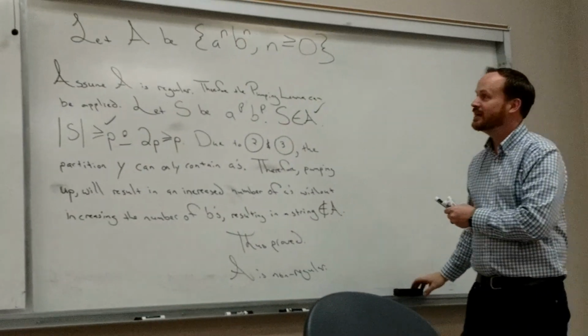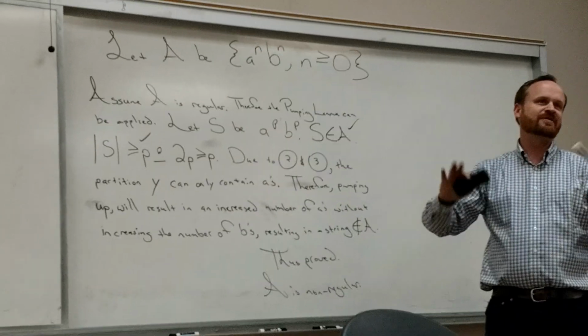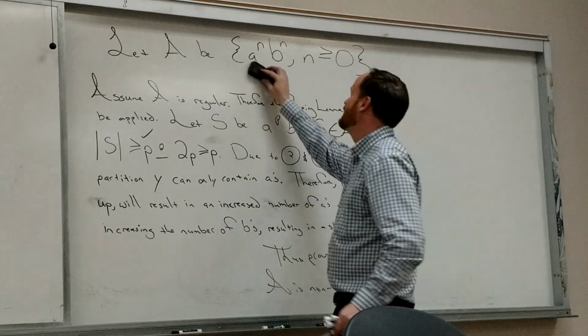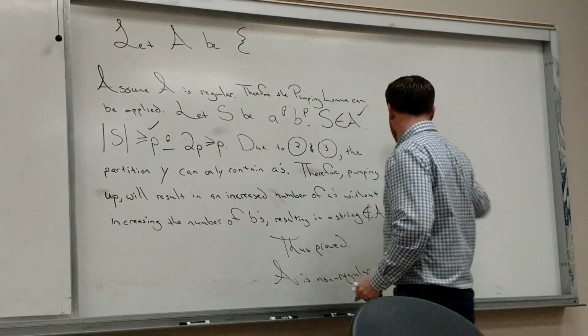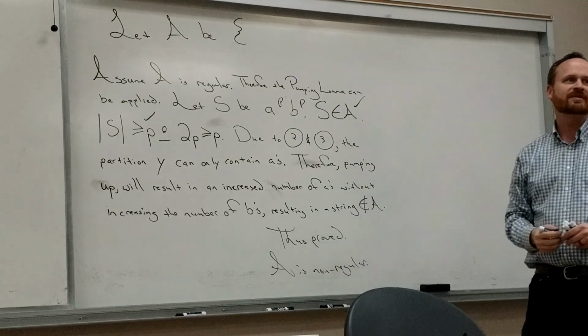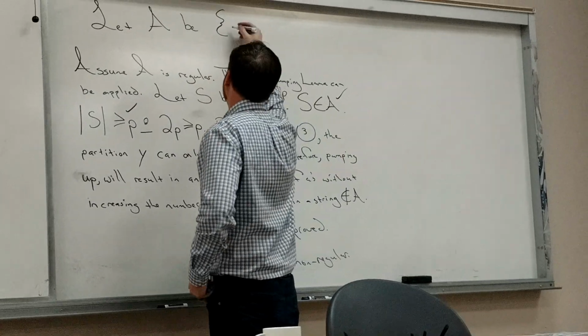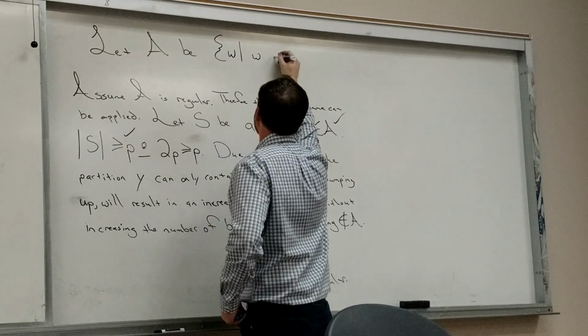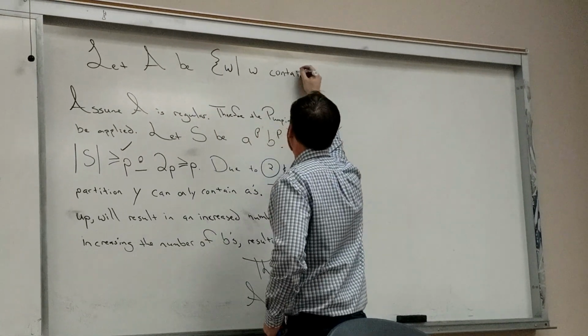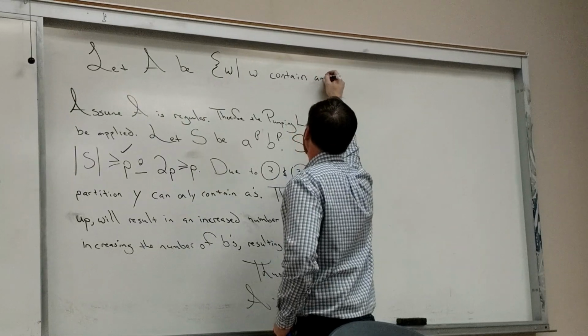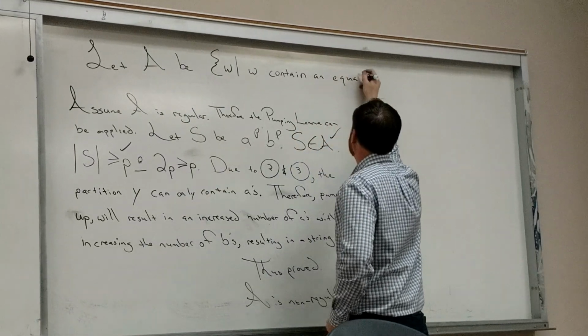Exactly. Okay, I'm going to leave this up here just for now. I'll erase it when it becomes irrelevant. Let A be the language of strings W such that W contains an equal number of A's and B's.